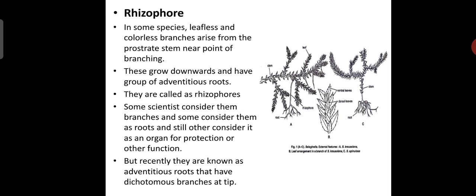Some scientists consider them branches and some consider them roots, and still others consider them an organ for protection or other function. But recently they are known as adventitious roots that have dichotomous branches at the tip.